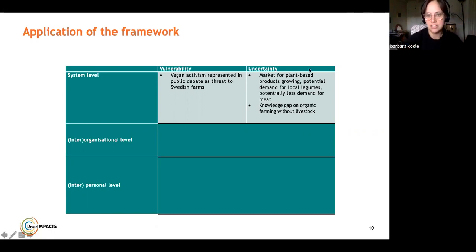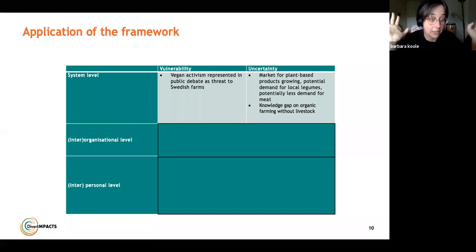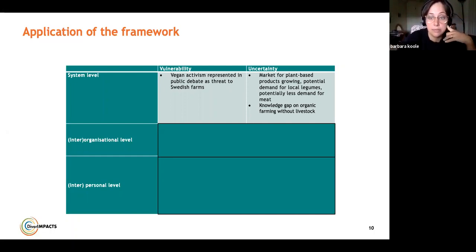Then on the uncertainty level, there's a growing market for plant-based products, which has a potential demand for local legumes, however, also potentially less demand for meat and dairy, in the case of veganism, and meat in the case of only vegetarianism.